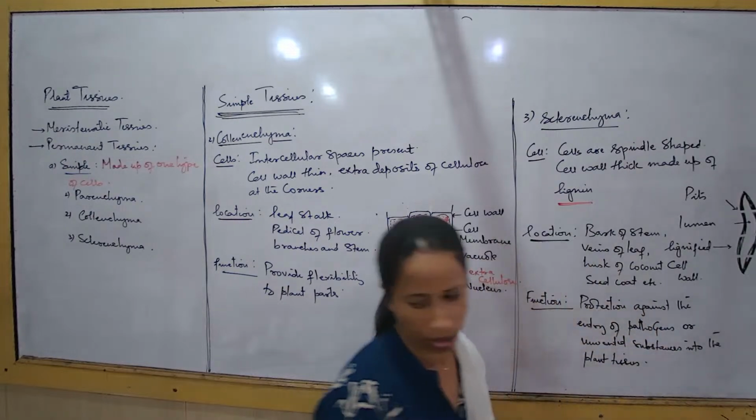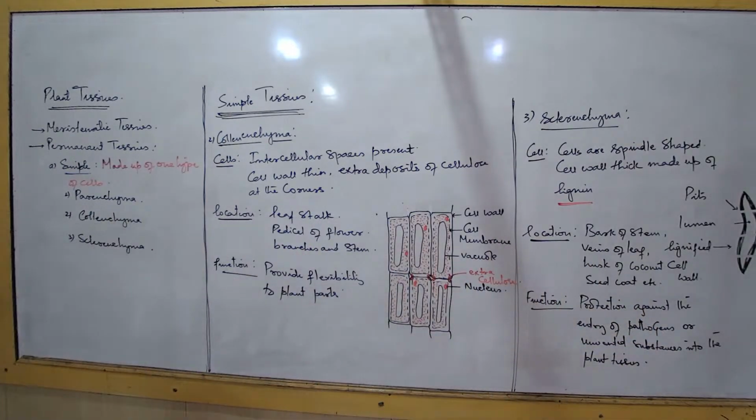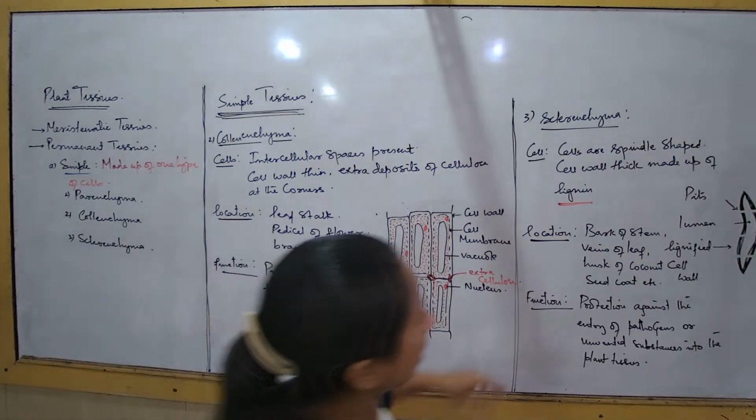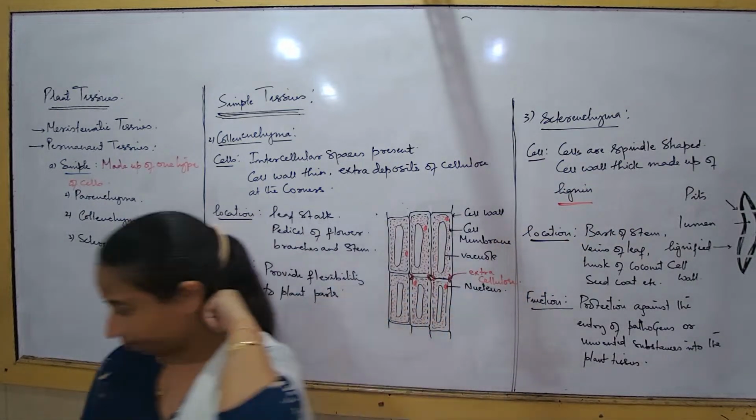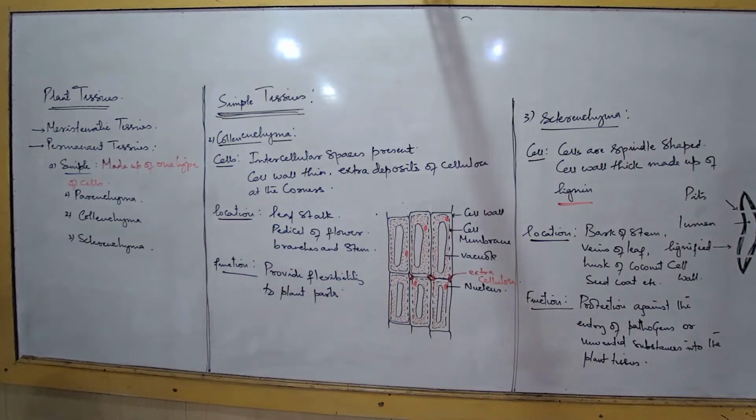We are talking about the permanent tissues, and I said that the permanent tissues can be of two types. Thick cell wall, made up of lignin. Now, what are the three types of simple permanent tissues? The three types of simple permanent tissues are parenchyma, collenchyma, sclerenchyma.